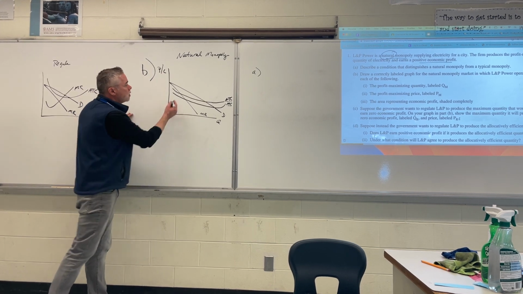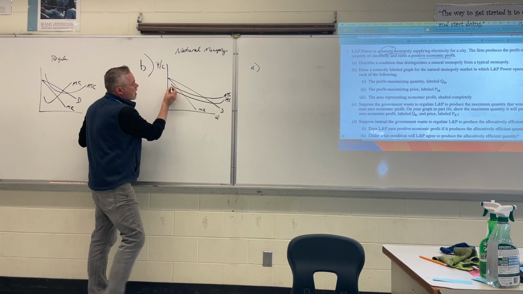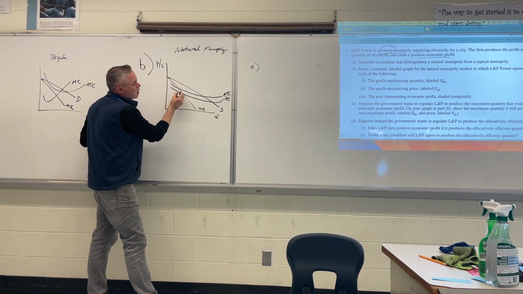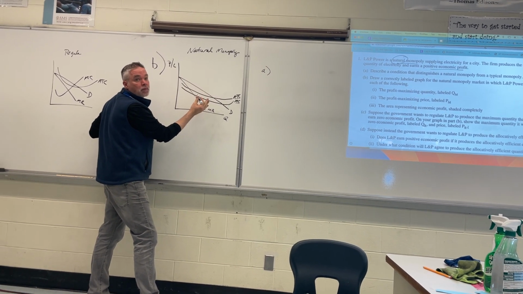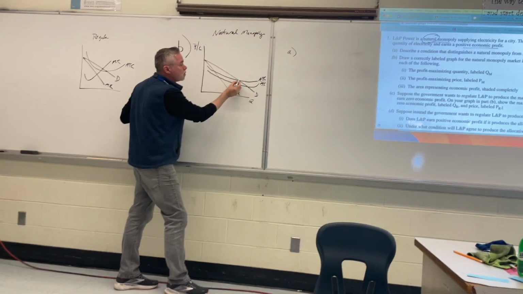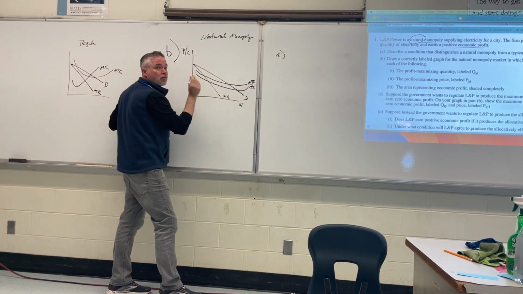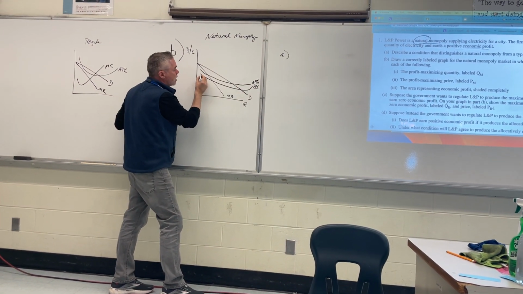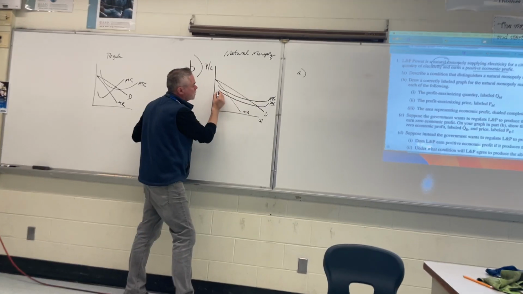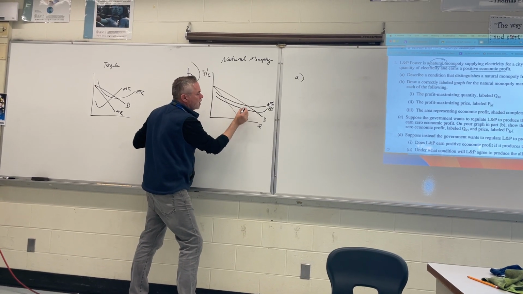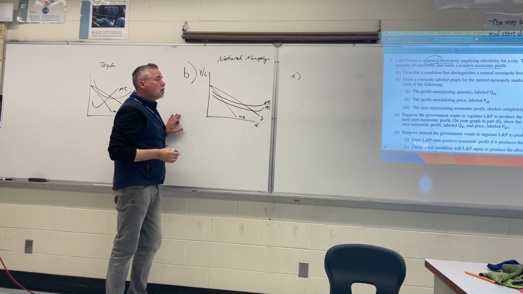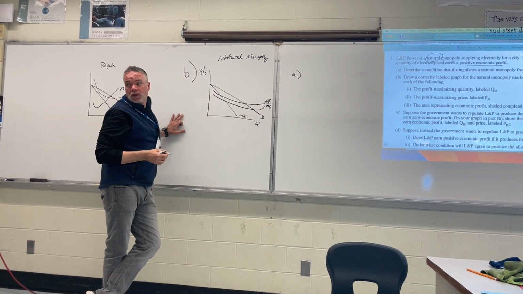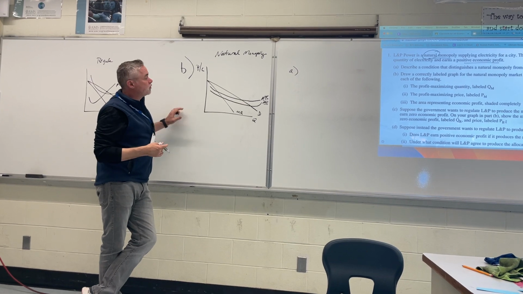But you want to have your ATC decreasing within the range of demand, meaning all the way up to the demand curve. You want both your ATC and your MC, your marginal cost, decreasing within the range of demand, and the marginal cost is going to be below that ATC. You would have received a couple more points if you did that correctly.